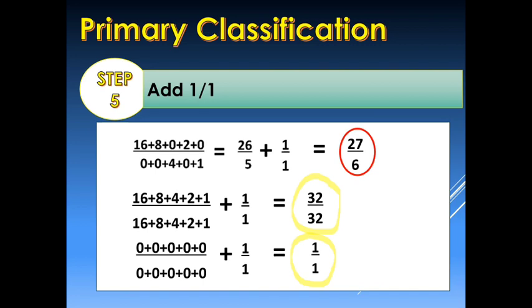Take note that approximately 25% of the population falls into the 1 over 1 category, meaning 25% of the population have all their fingers with either loops or arches.